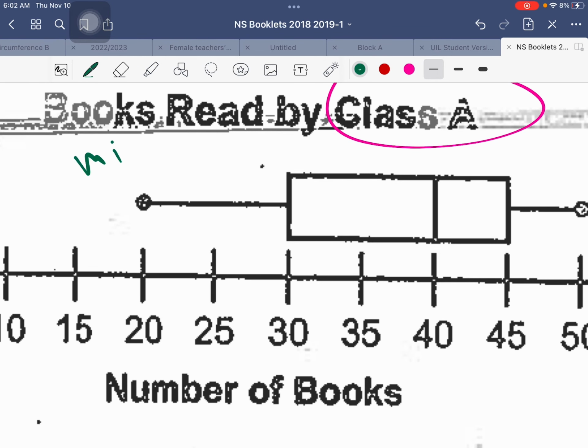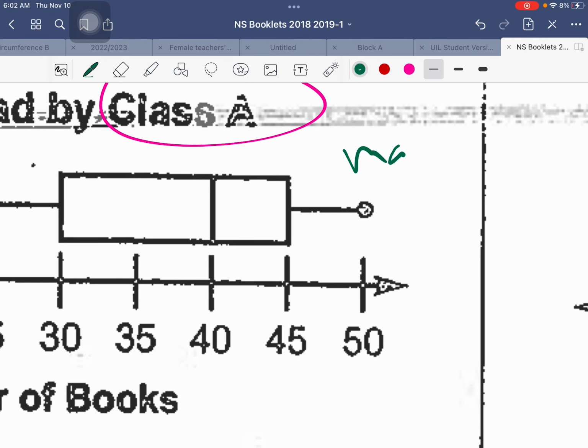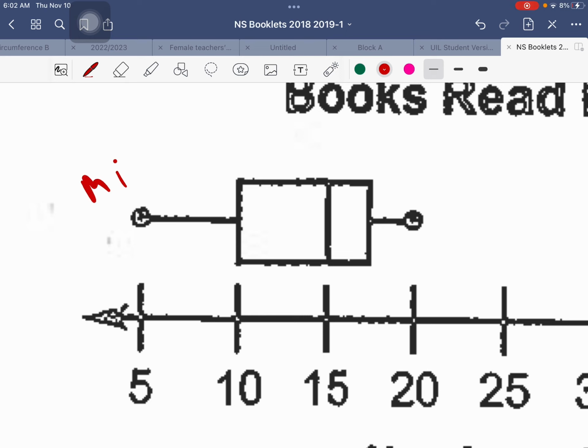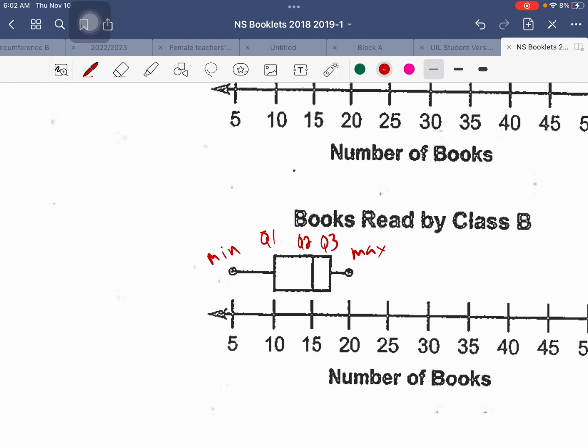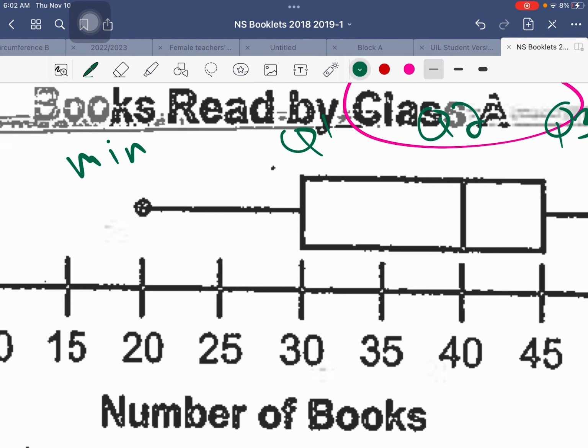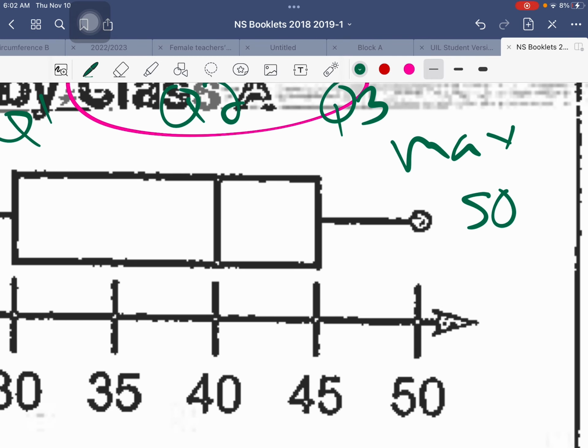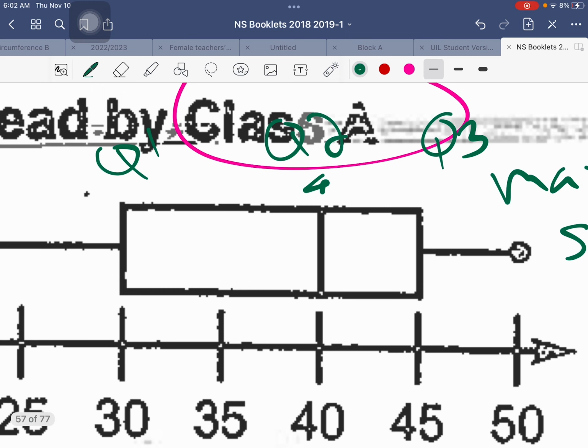So, this one min, max, Q1, Q2, Q3. And then this one in the bottom is min, max, Q1, Q2, and Q3. So what we have for the minimum is 20, maximum 50, Q2 is 40, 30, and 45. Awesome.